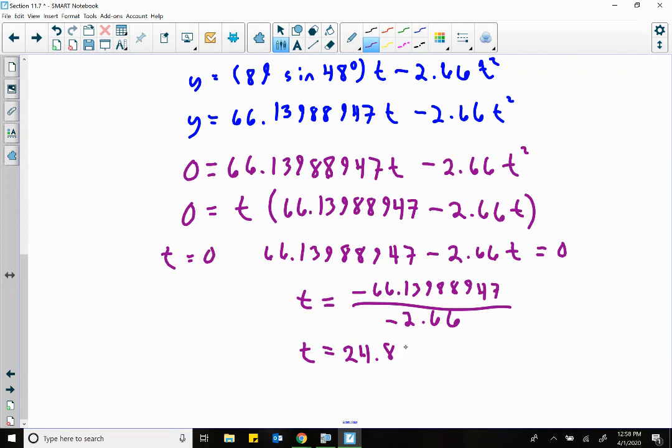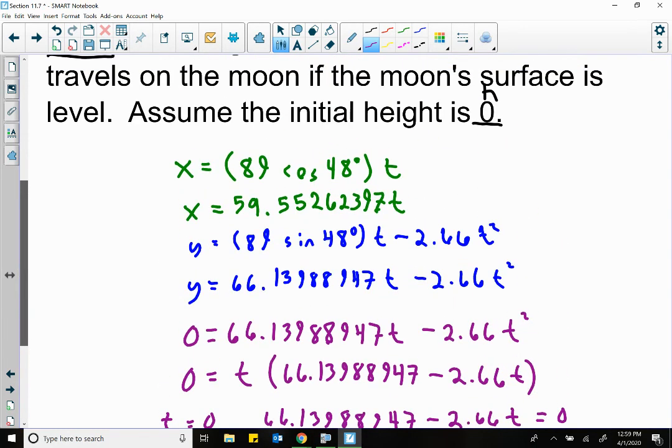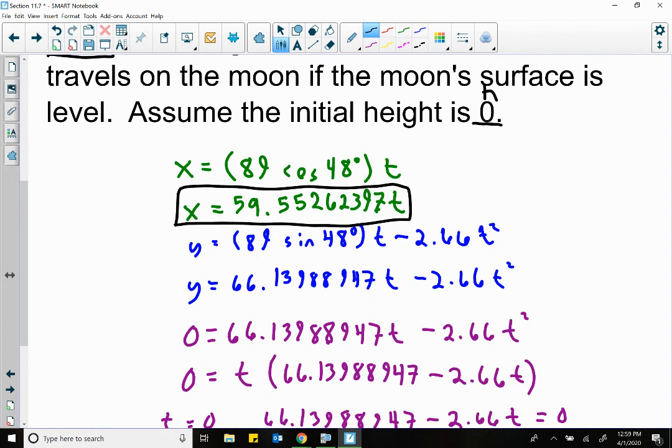There's our t value now. Even better. So all we're going to do is take these two values and plug them in to what we know right here. And that will tell you how far our ball has been thrown.